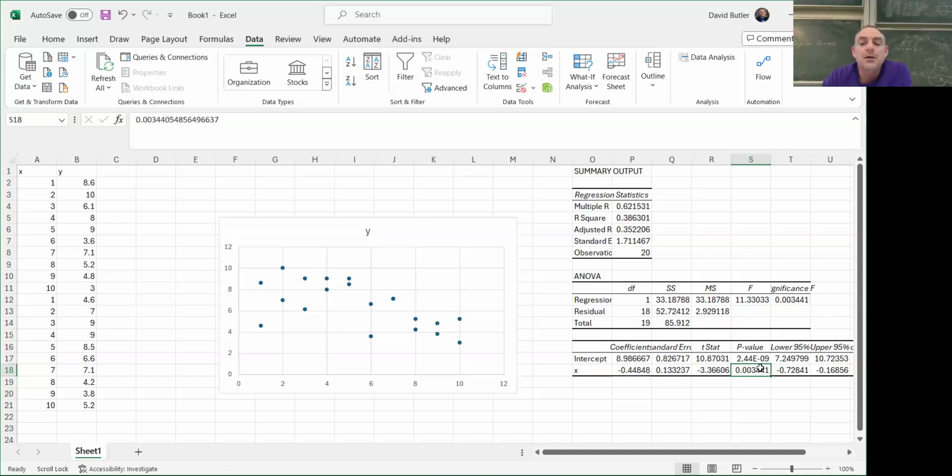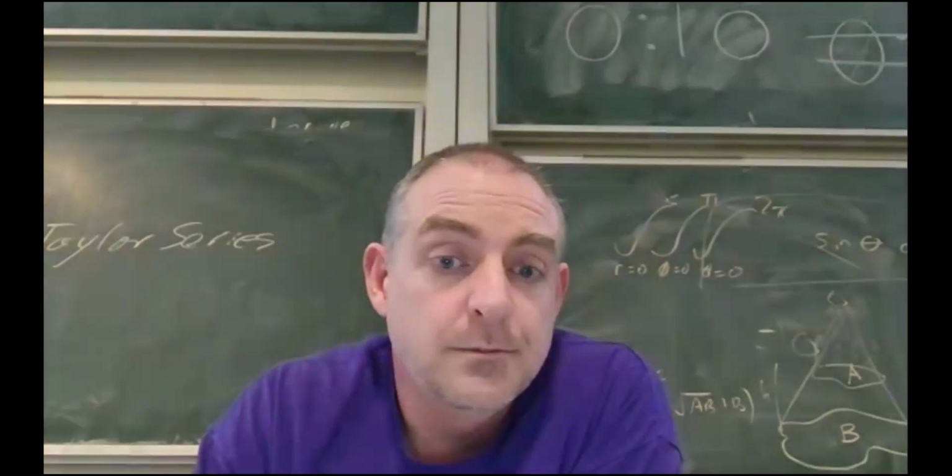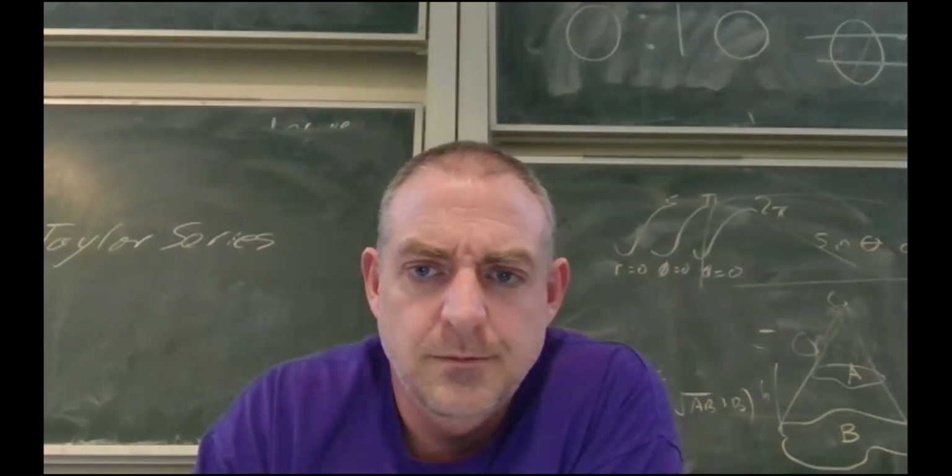But that T statistic, I would look at this. So my degrees of freedom was 18, right? Because we had 20 observations there. Degrees of freedom is n minus 2, so 18. So I would go and look at the t table. There's my t table.